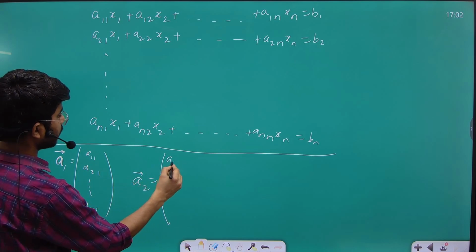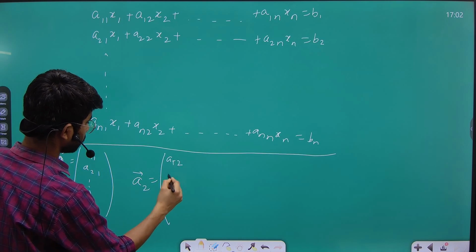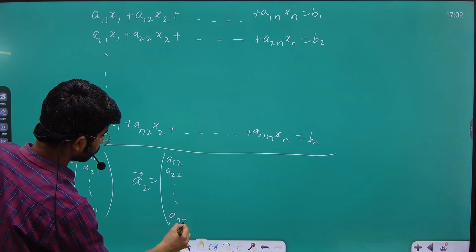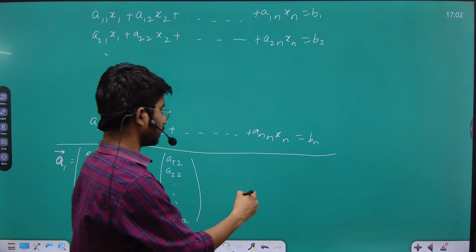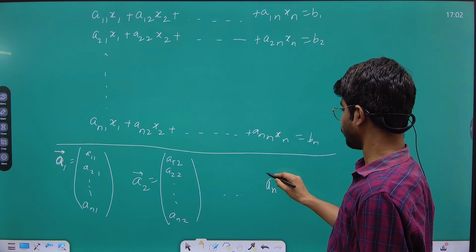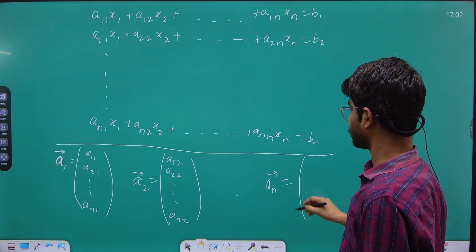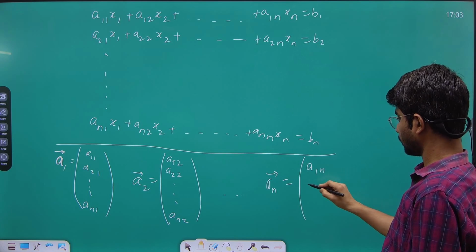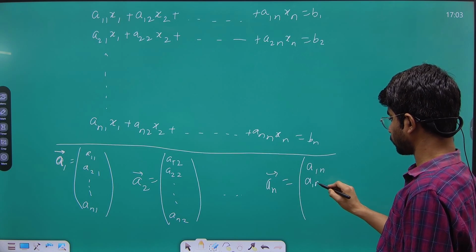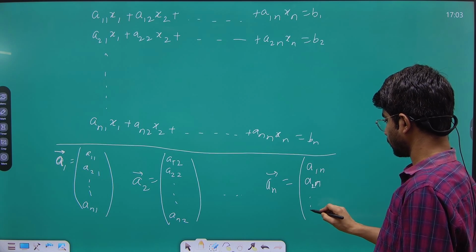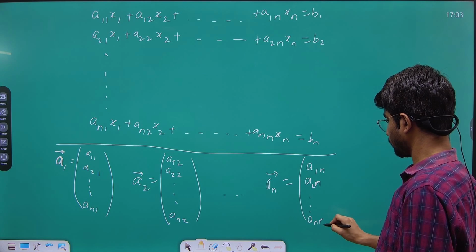Yes, it should be a12, a22, and so on to an2. And again, in a similar fashion you have an vector equal to a1n, a2n, and so on to ann.